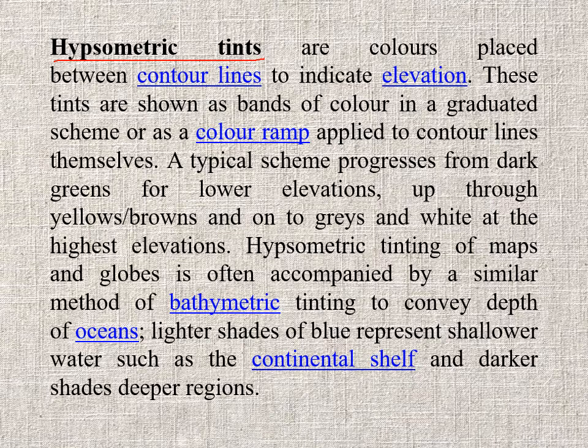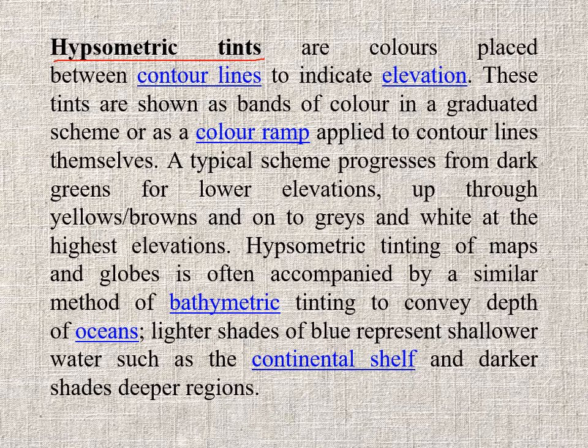Yellow is the lower height, brown indicates much higher height than yellow, gray indicates much higher height, and ultimately white, the snow peaks of the higher altitudes, is the highest elevated part. So from yellow to brown to gray to white indicates successive increase in altitude in the land areas.